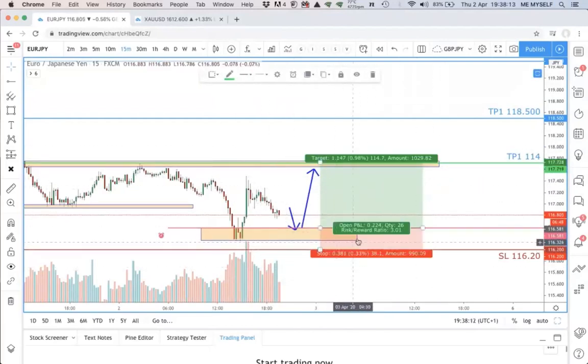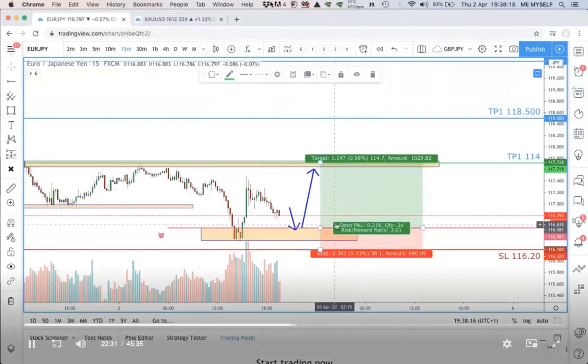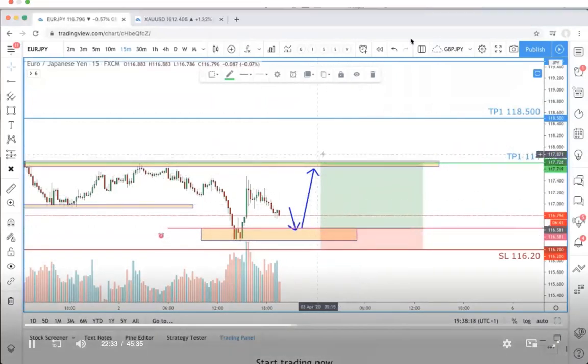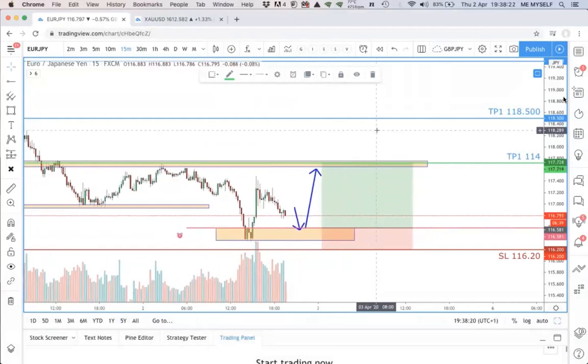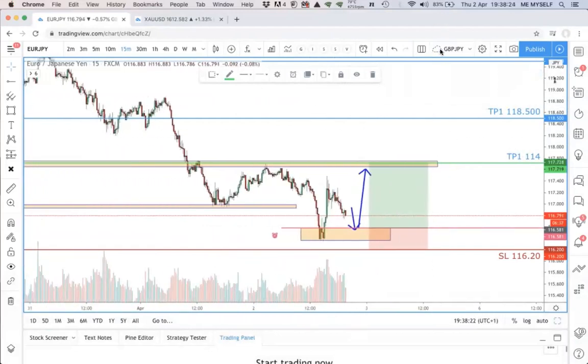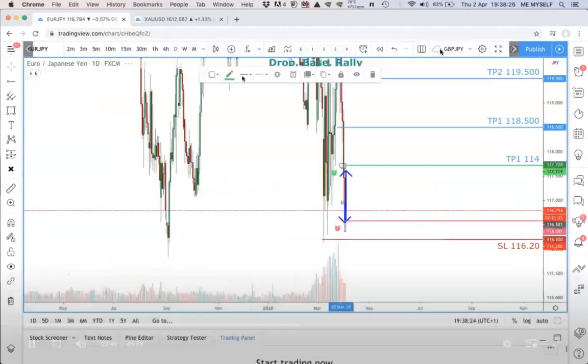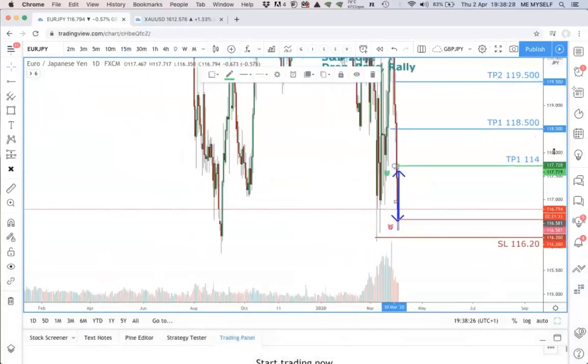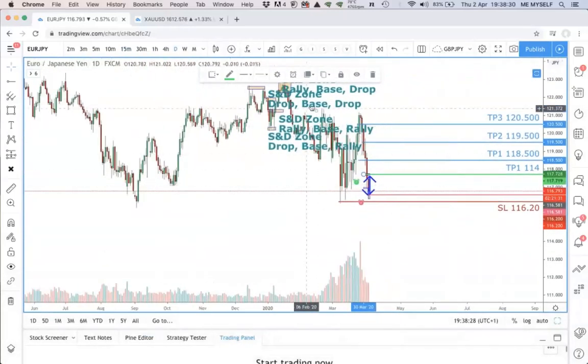That gives you your risk, 1% to gain 3% on your account. The reality is that we're actually looking for a bigger move on this Euro GBP. Whether that happens or not, we're still waiting to see.